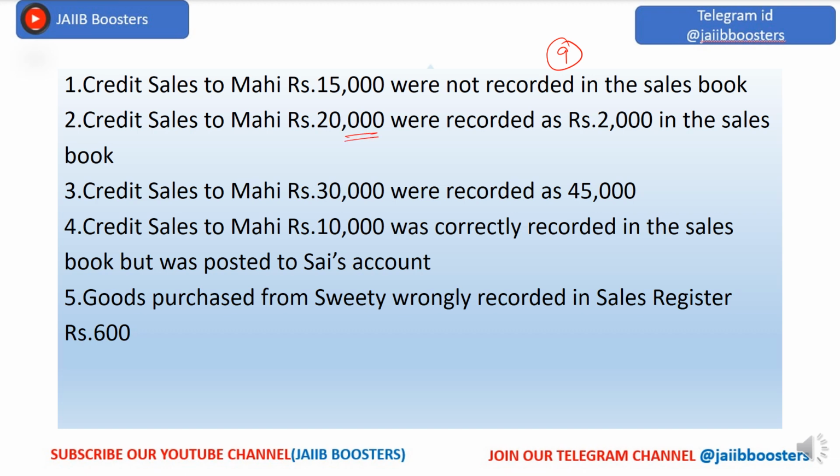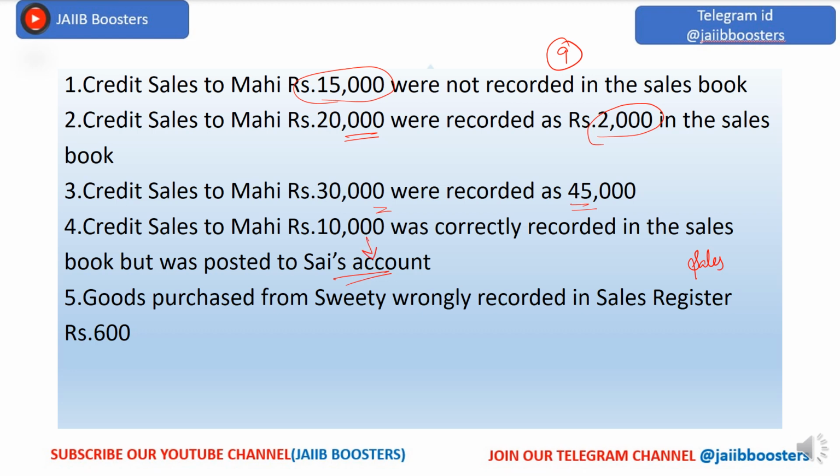Credit sales to Mahi rupees 30,000 were recorded as 45,000 instead of 30,000. Credit sales to Mahi 10,000 were correctly recorded in the sales book, but were posted to Sai's account.